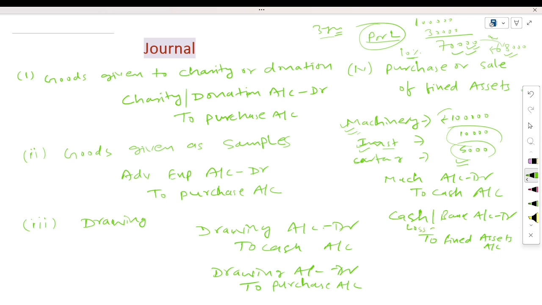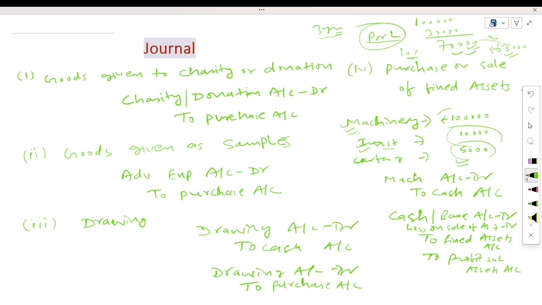We will write here loss on sale of fixed asset account debit. If you are getting a profit, it means income. So your income will be credit here. So we will write here profit on sale of fixed asset account. This will be credit here.